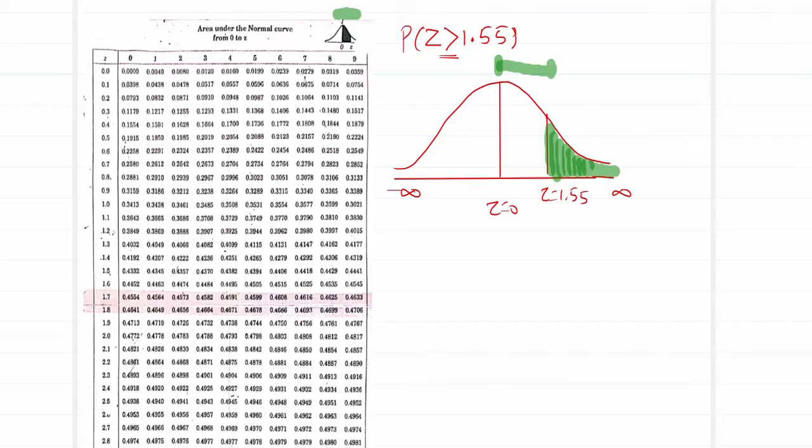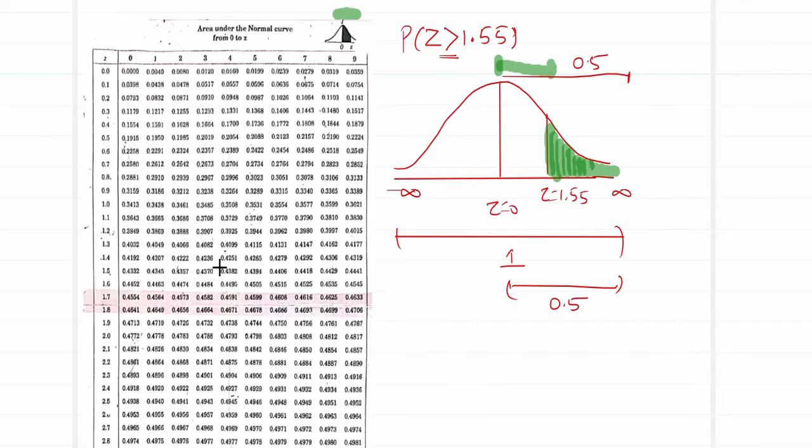So I can use the property that the total area of the graph from over here to here. What can you say about the total area? The total area is going to be equal to 1. And how about half of the area? The half of the area will be equal to 0.5. So I know that from here to here, what is the area? The area is 0.5. From the table, I can get the value from 0 to 1.55.